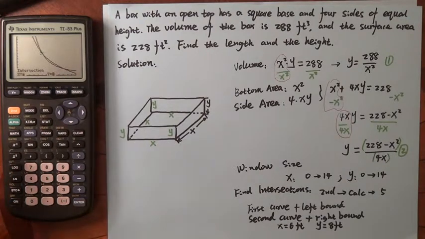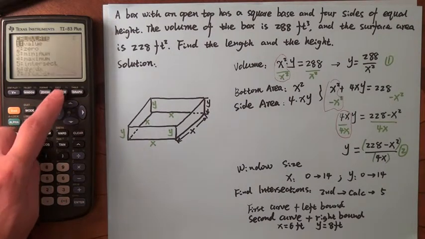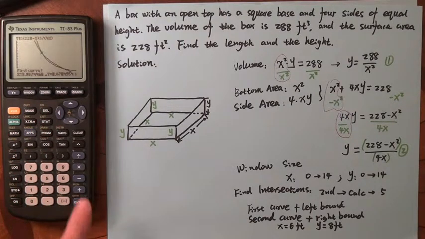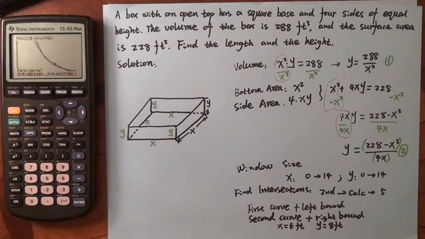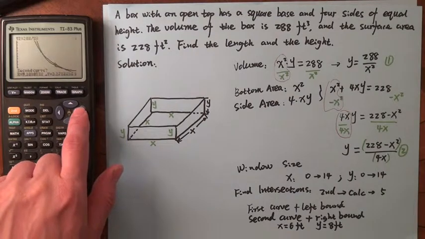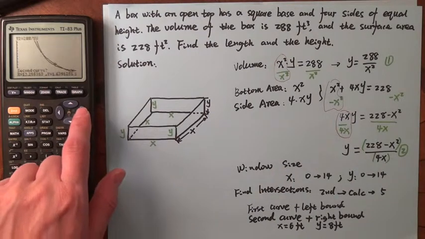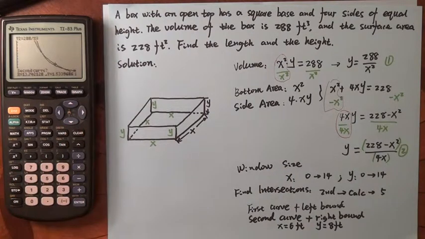You do the same thing. Second calc 5. It asks you to do the first curve. You see, this is the first curve and is the left boundary. You hit enter. And then move to the right hand side. That's the second curve, right boundary. You hit enter. It asks you to guess, no more guessing. Then another one comes out.